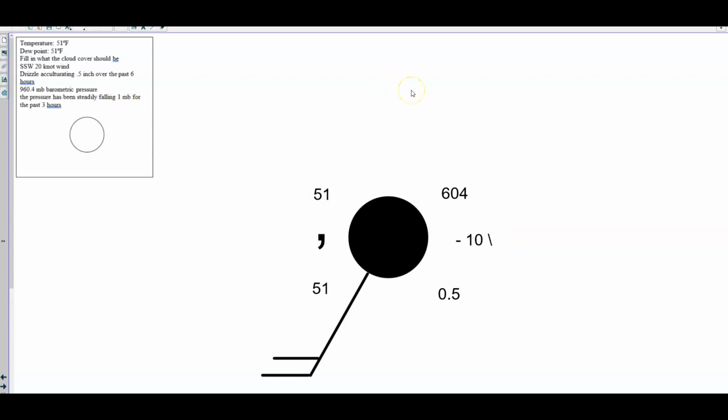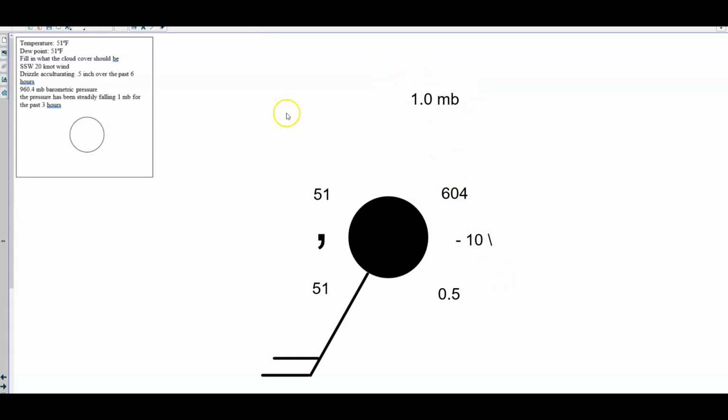Just like I talked about last time, if this is my 1 millibar, I'm going to pay attention to the ones column and the tens column, which of course is not visible right now, but we could make it visible. So 1.0, here's our ones column, that's where the 1 comes from. Here's our tens column, that's where the 0 comes from, and so 10 would be my value there.